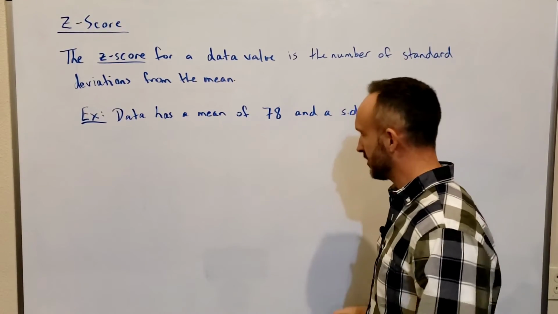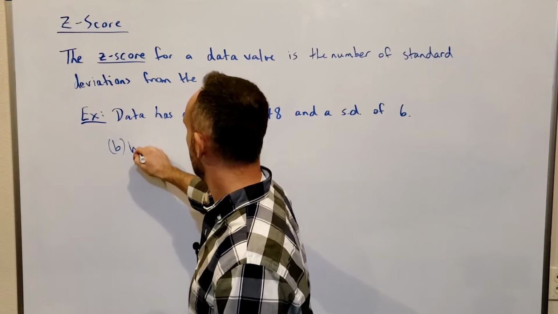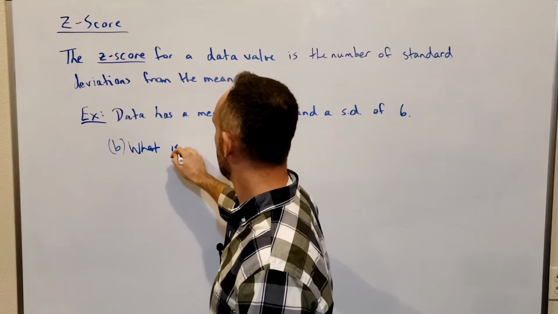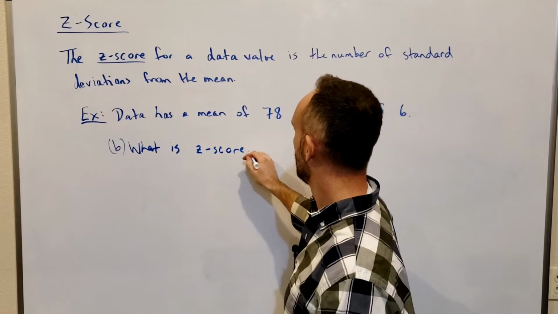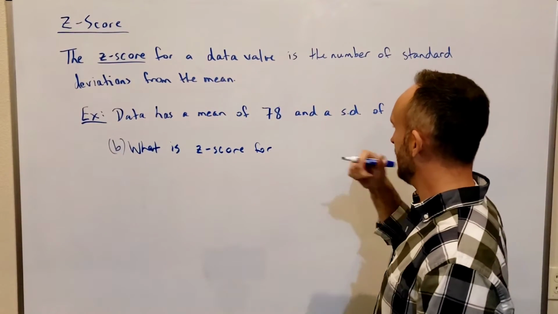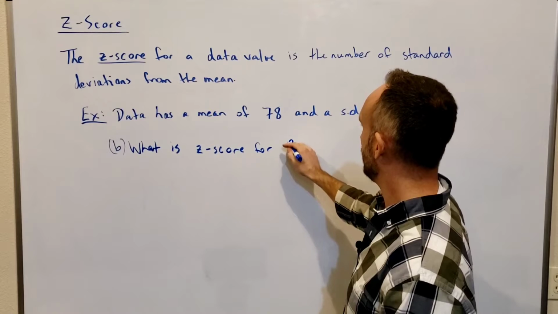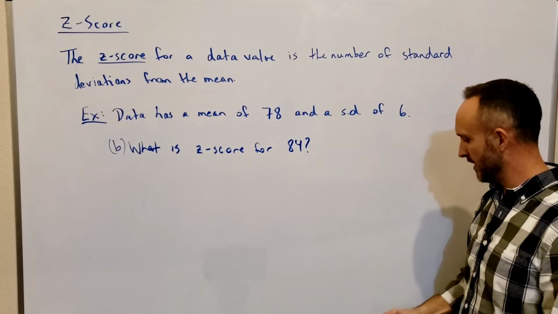And find out what is the z-score for the data value, let's say for 84. Okay? So what is the z-score for this?